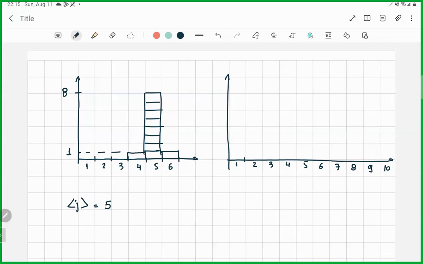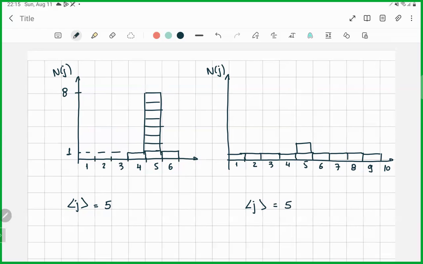Okay, in this other class or this other room, we have one person who is 1, one person who is 2, one person who is 3, 1, 4, 2, 5, 1, 6, 1, 7, 1, 8, and 1, 9. Okay, so what we have in the y-axis is this number of people with a certain age. If you compute the expectation value of this other room, again, you're going to get 5.